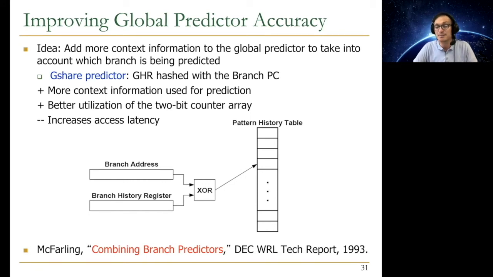Somebody asked why XOR, for example. That's a good question. XOR is a good function to incorporate information from both the branch PC and the register. But of course, you can have shifting and XORing together and different kinds of information. And XOR is also very simple to implement, I should say. It's just a single bitwise operation, right?